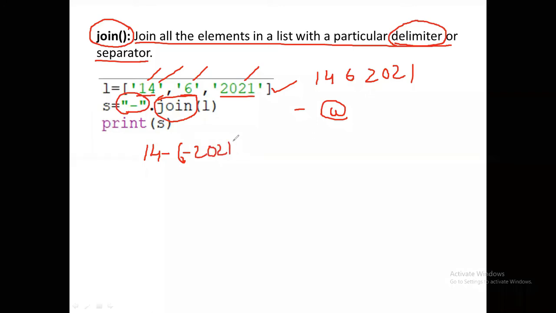Now this is the string stored in the variable S. If you print S, it prints 14-6-20-21 as output. So the join method is used to join all the elements in a list with a particular delimiter.